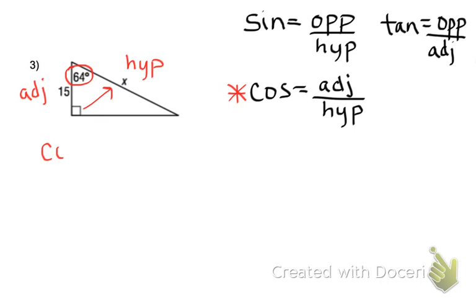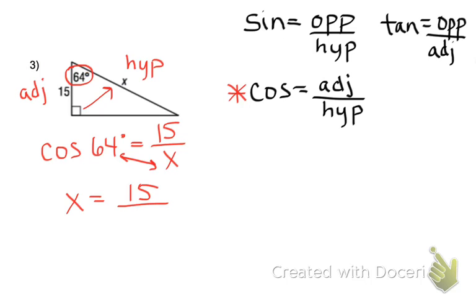So I'm going to do cosine of my angle, which is 64 degrees, equals adjacent, which is 15, over my hypotenuse, which is x. Since my x is on the bottom, we're going to do a little switcheroo and flip them. So I have x equals 15 divided by cosine of 64 degrees.